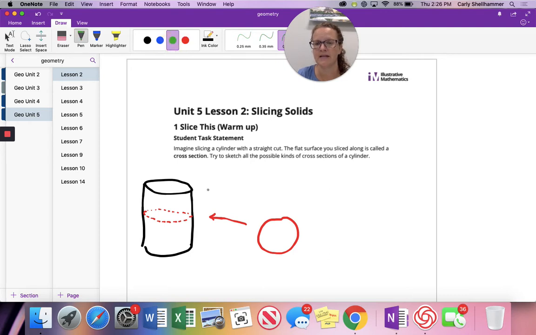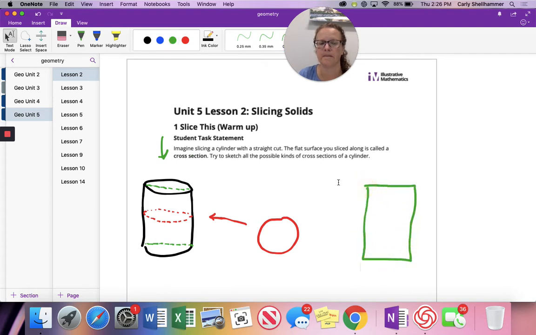If I did a cross section this way, if I went straight down this way, my cross section looked like this. Then my actual cross section will look like a rectangle, right?